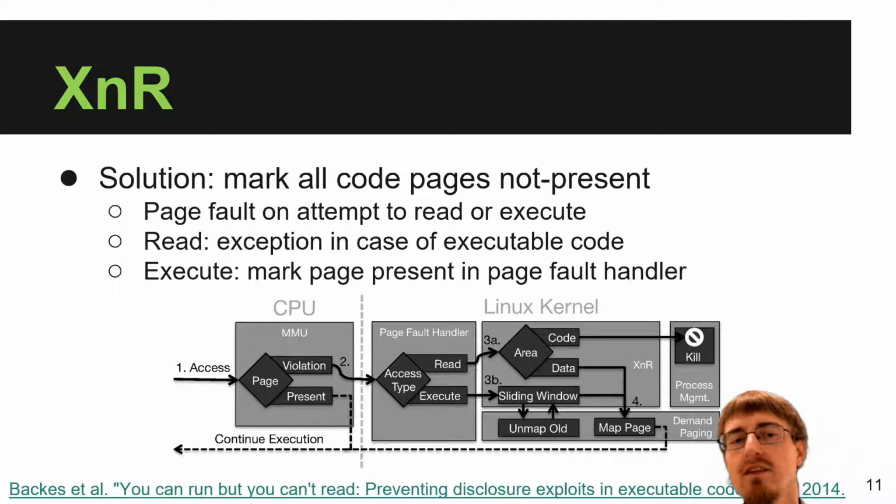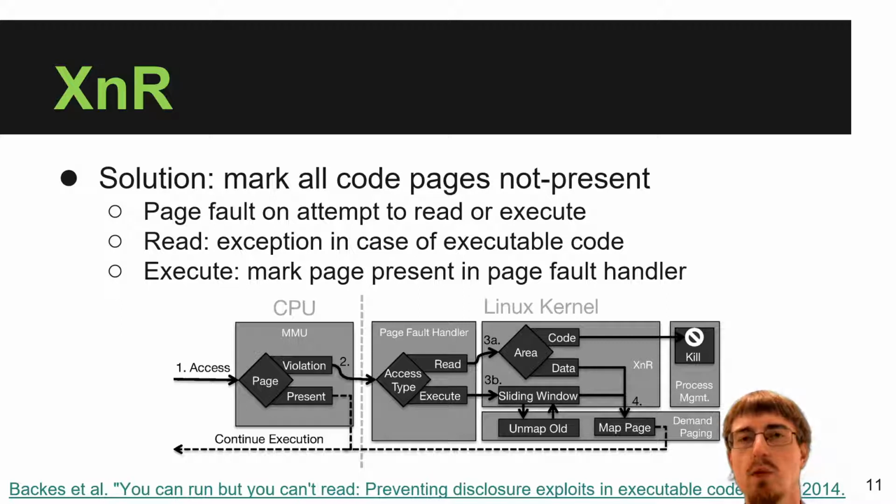Next, if this turns out to be a read, then we get an exception. So the operating system is able to tell whether this was actually intended to be executable code. Now, if this is executable code that the program was trying to read, the operating system knows that something is wrong, because this executable code was not supposed to be readable. So the operating system raises an exception.